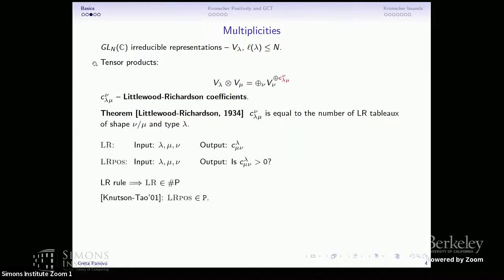So if we have the problem LR, which is to compute the value of this Littlewood-Richardson coefficient, because of this rule we can prove that it is in #P. And if we want to decide whether the Littlewood-Richardson coefficient is strictly positive, so not equal to 0, it's a small miracle, thanks to the saturation conjecture proven by Knutson and Tao, that this is actually polynomial.